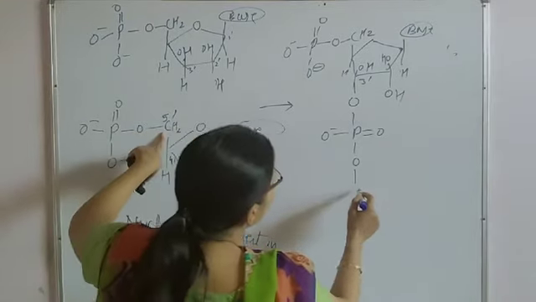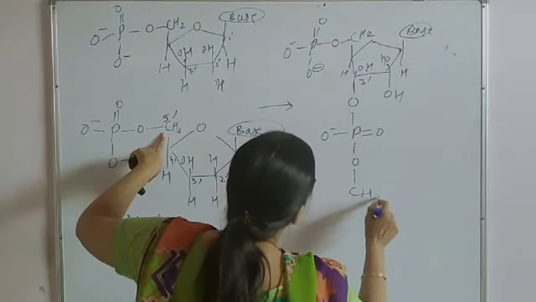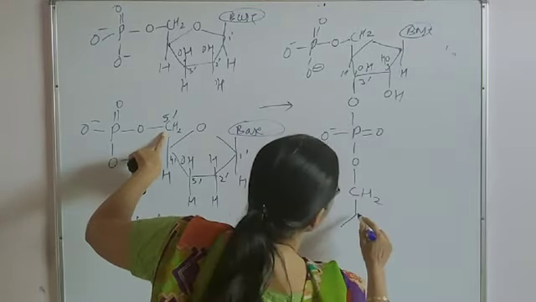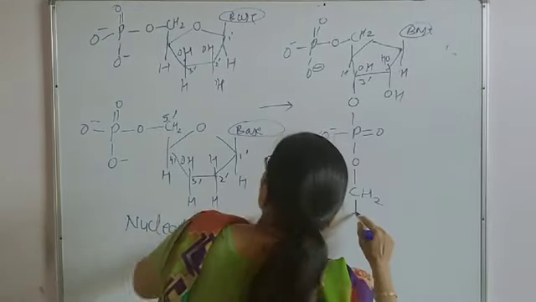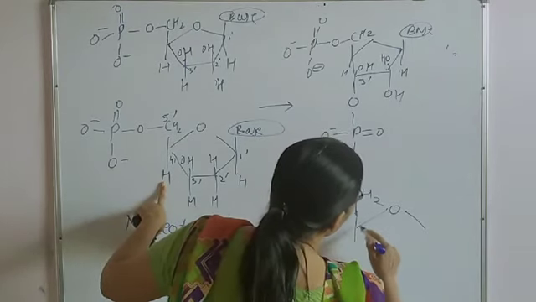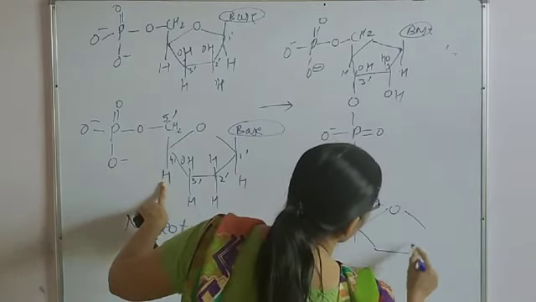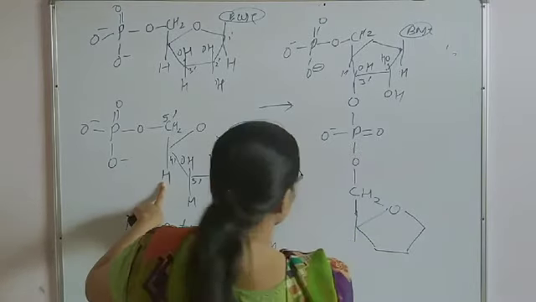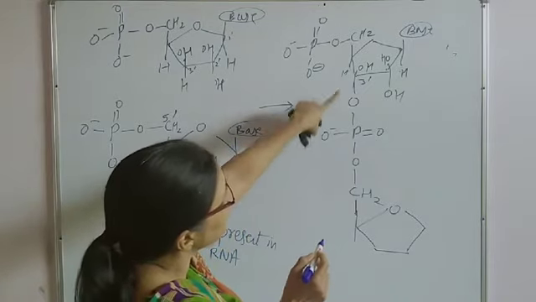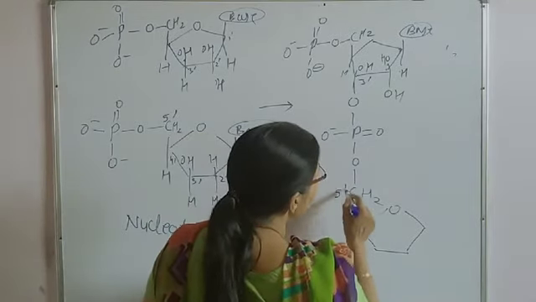So the 5 dash carbon atom we will write here. We will start from here. So phosphate unit is forming a linkage between 3 dash and 5 dash carbon atom.